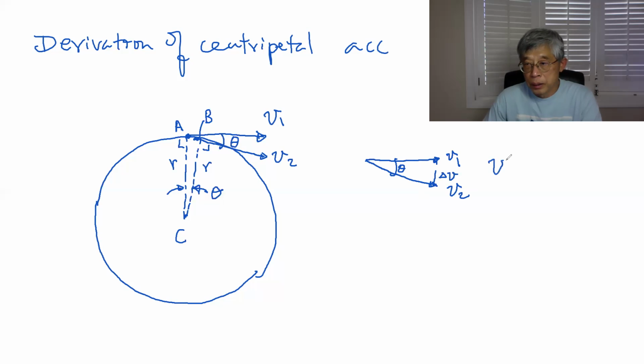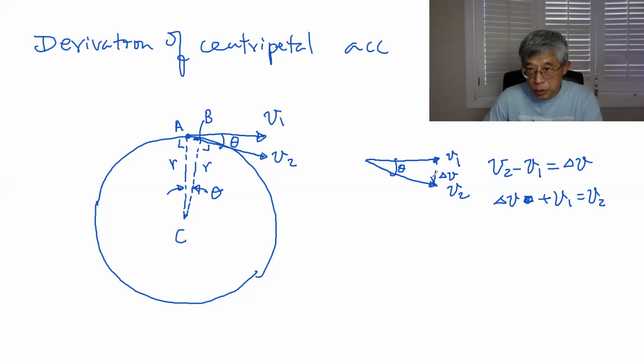So V2 minus V1, they both are vectors, is equal to delta V. So V1 plus delta V is equal to V2, right? So you have V1 plus delta V, which is going this way, equal to this one here, which is V2.